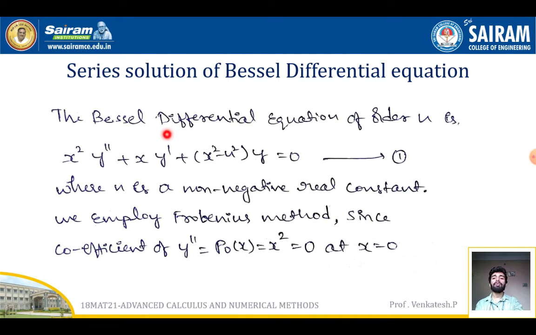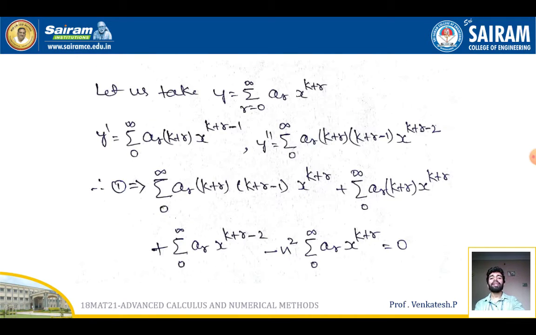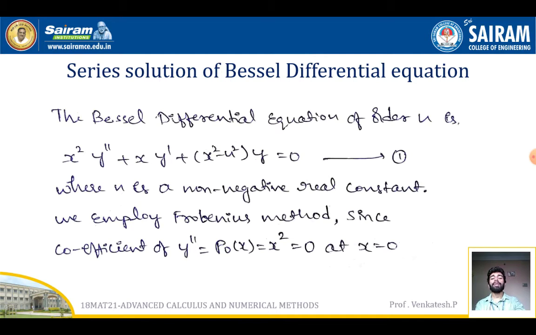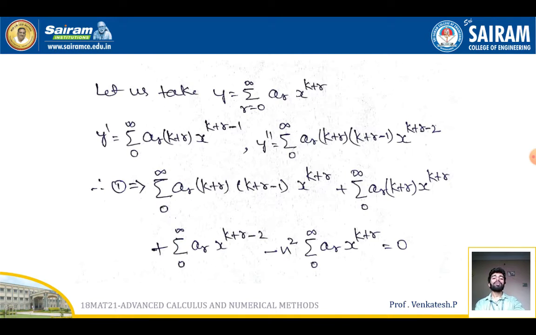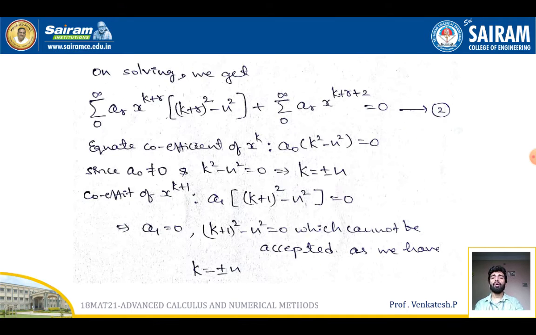So I will get x power k plus r. Since y has only the x power k plus r term, if I combine with x square, I'll get x power k plus r plus 2. Now I am going to group all the equations.